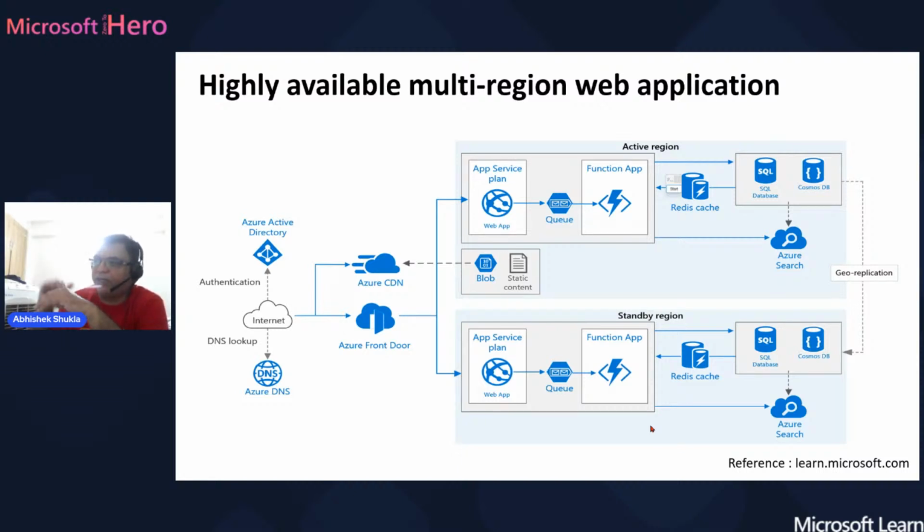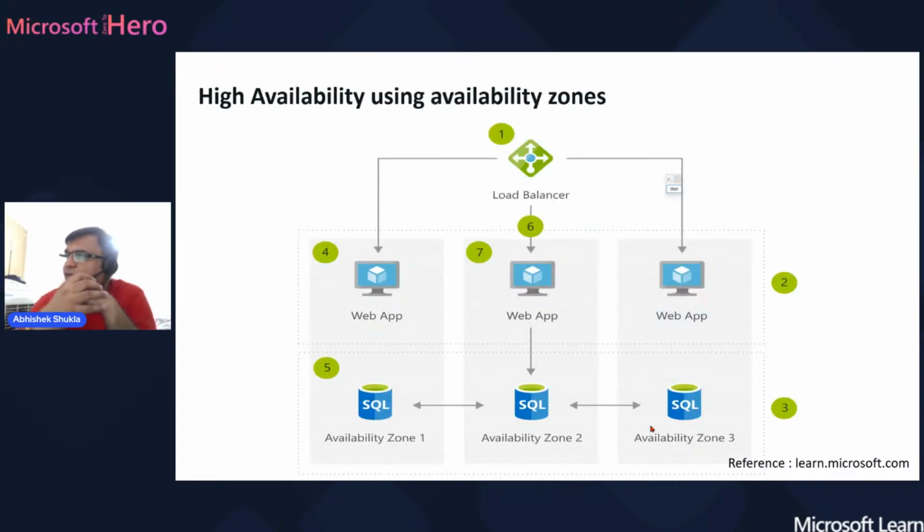Now how traffic will flow from one region to another is controlled by using Azure Front Door, and of course you can also use Azure Traffic Manager, but Front Door is more preferred over Traffic Manager.